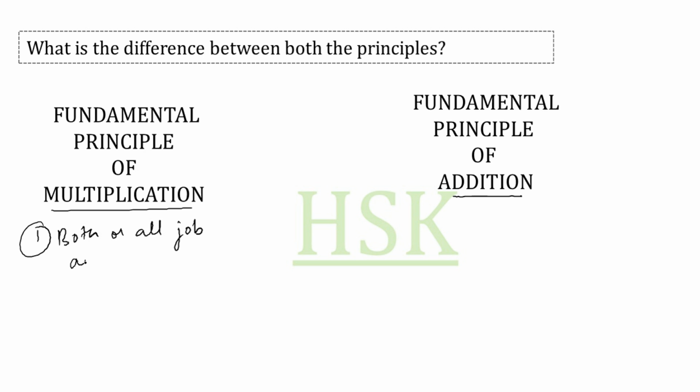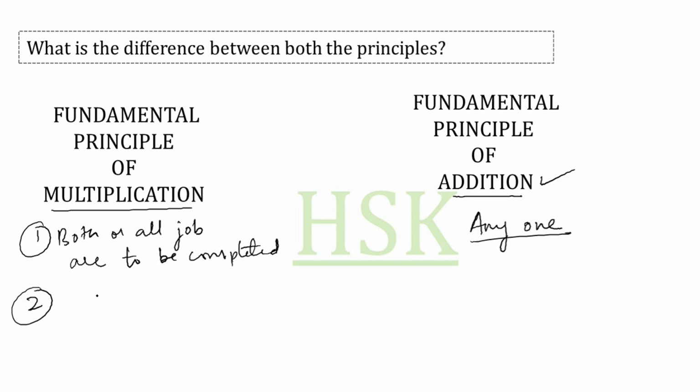Whenever you come across a condition that both or all the jobs are to be completed, surely the fundamental principle of multiplication is applicable. And in addition, any one of the jobs would be completed, meaning all the jobs are not to be done, only one of the jobs would be done. If you can conclude that, then the fundamental principle of addition is applicable.